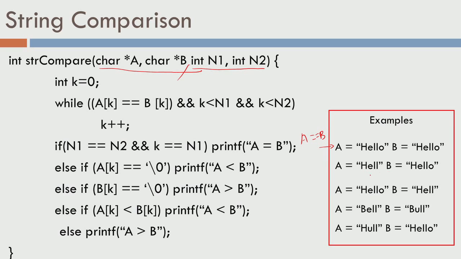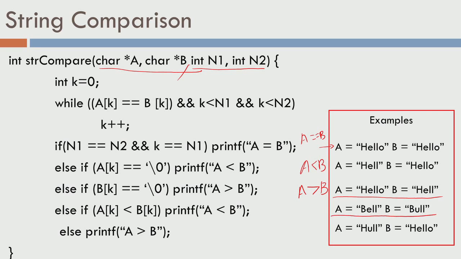The first four characters are the same, but A does not have the fifth character, whereas B is a longer string. Therefore, we claim that A is less than B. Like I said, small words will come in the dictionary before bigger words. And if A is hello and B is hell, A is actually greater than B.